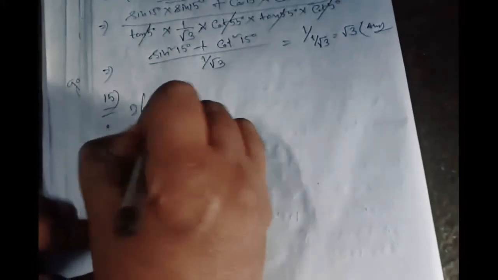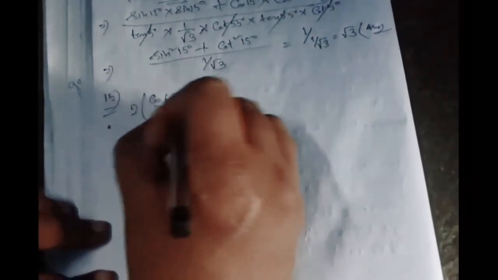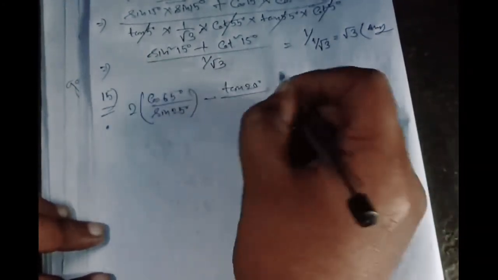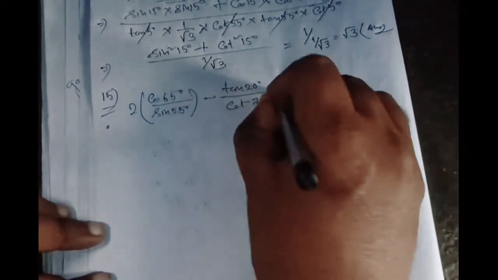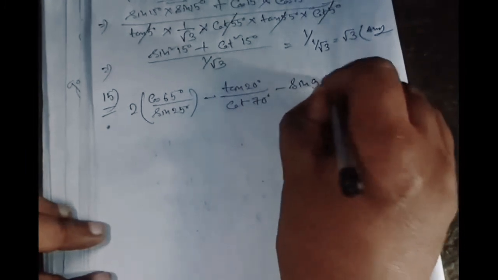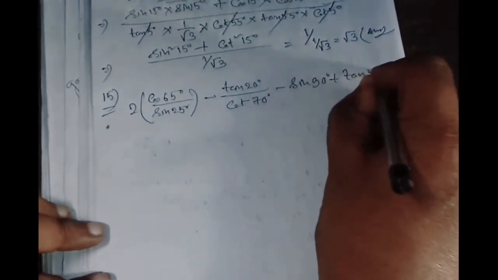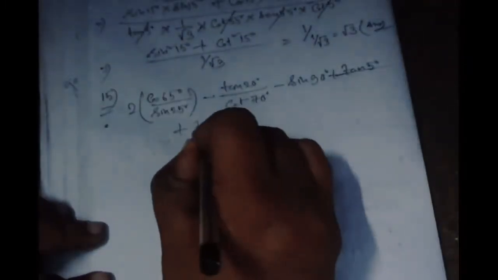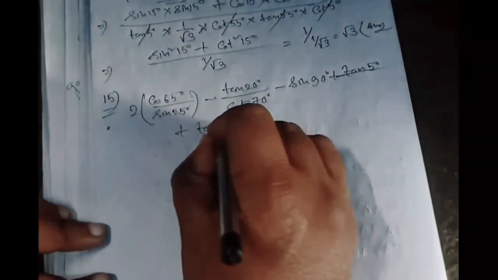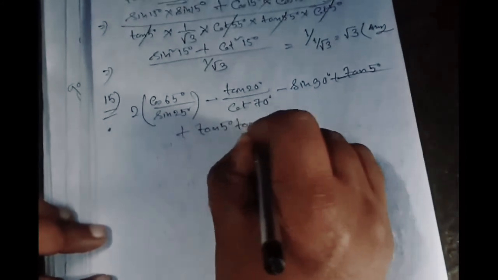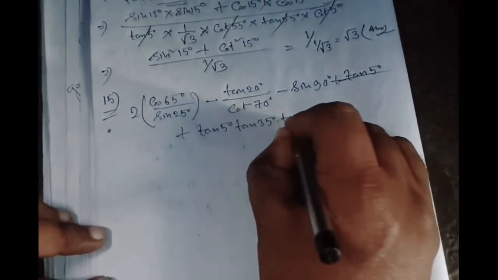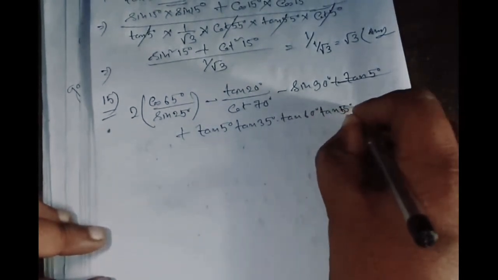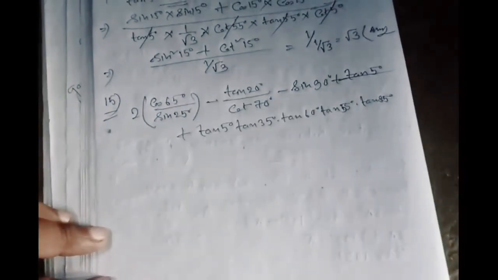Question number 15: 2 cos 65 degree by sin 25 degree minus tan 20 degree by cot 70 degree minus sin 90 degree tan 5 degree plus tan 5 degree into tan 35 degree into tan 60 degree into tan 55 degree into tan 85 degree.